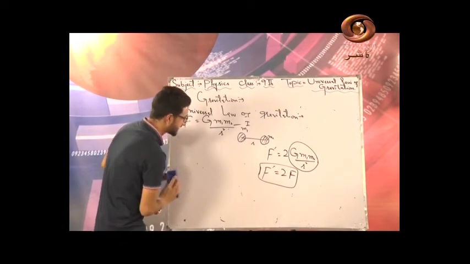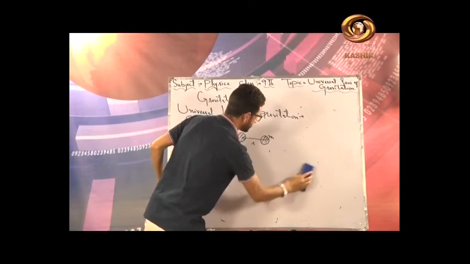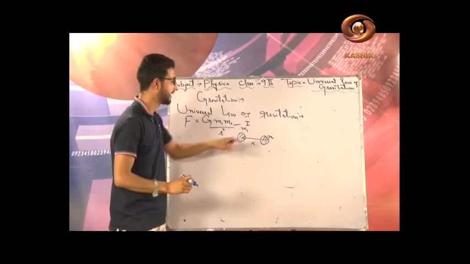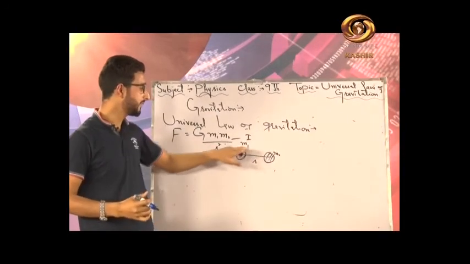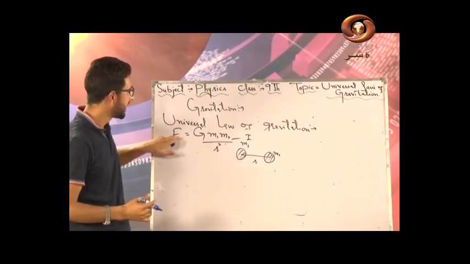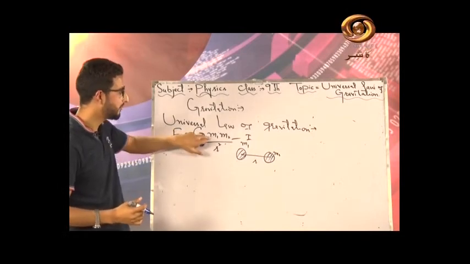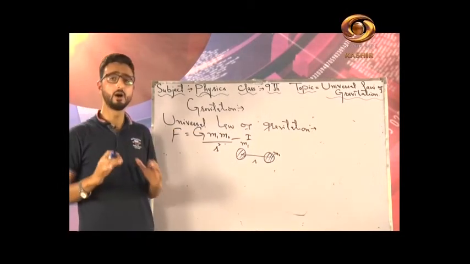Again I will consider the same two bodies m1 and m2 separated by a distance r. Now as per the universal law of gravitation, F is equal to G m1 m2 divided by r square.